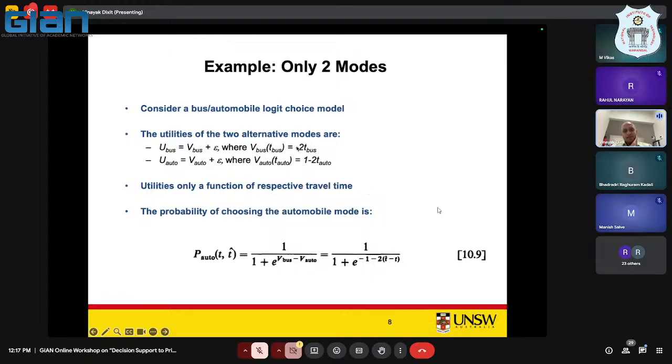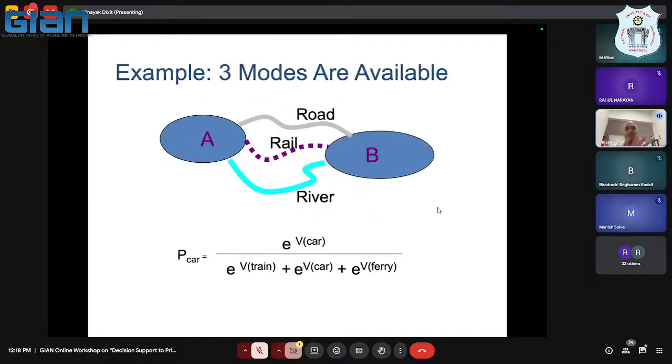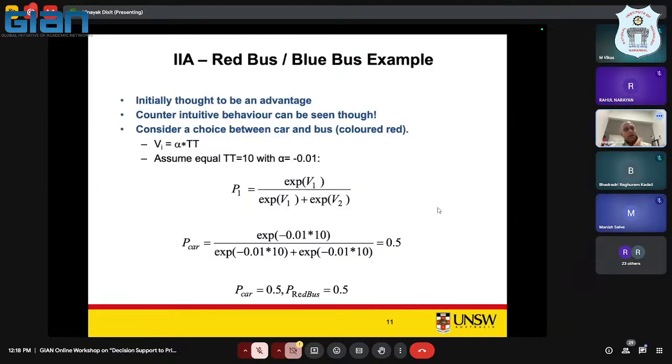The modal bias here is 0, this is 1, but the preferences over the travel times are the same, it's -2. This might not be the case as well, you can have different assumptions, but usually we try to keep it the same. Any questions so far?